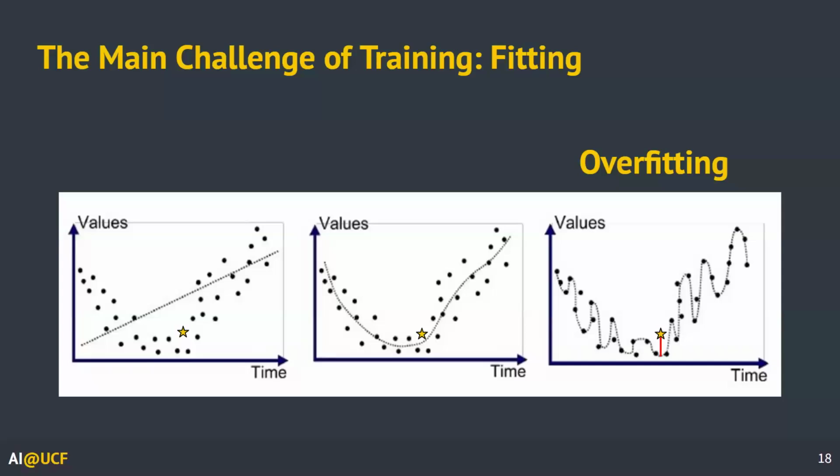But then if we tested with this star here and asked, what do you think this value is? And it said it's all the way down here, then it didn't do so well. It's gotten very good on the training data, but when it came to testing it on data it's never seen, it just falls apart completely.